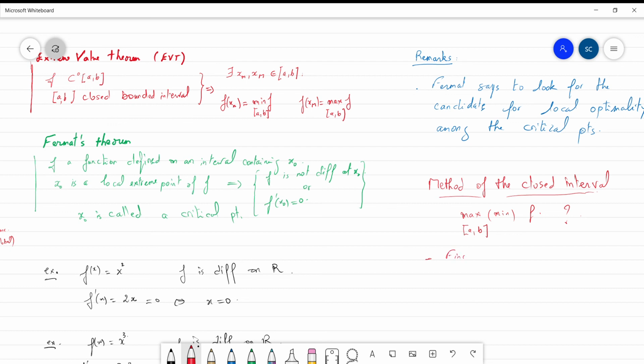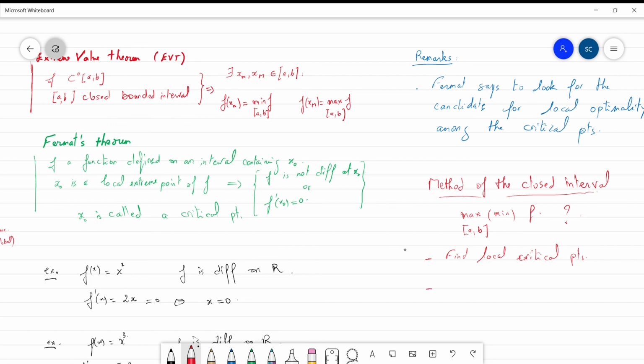So find local extreme point candidates, critical points, interior critical points. Depending on whether your function is differentiable or not, they are satisfying either f not differentiable, where you regroup all the points where f is not differentiable, and where it is differentiable, you solve the equation f prime x equals 0 and you regroup these points.